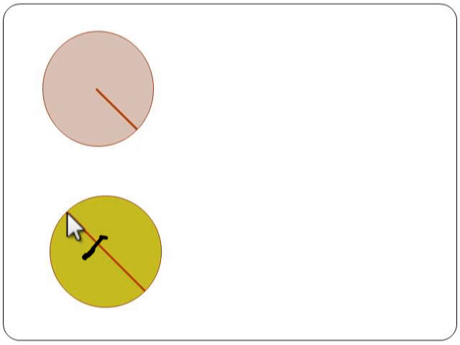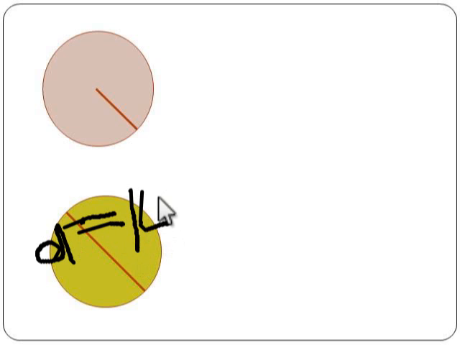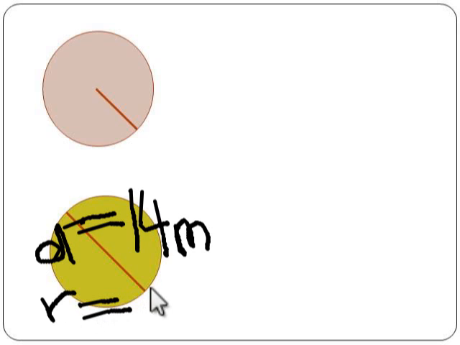So if the whole thing is the diameter, and the diameter equals, let's say, 14 meters, that means that the radius is only half of that. So we're concluding that the radius is 14 divided by 2, or 7 meters.